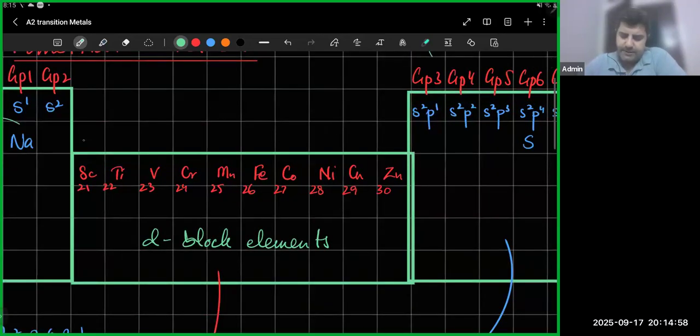Okay, so you've got to understand that it's easier. This is 3d1 4s2. This will be 3d2. So you don't waste time writing the entire electronic configuration.